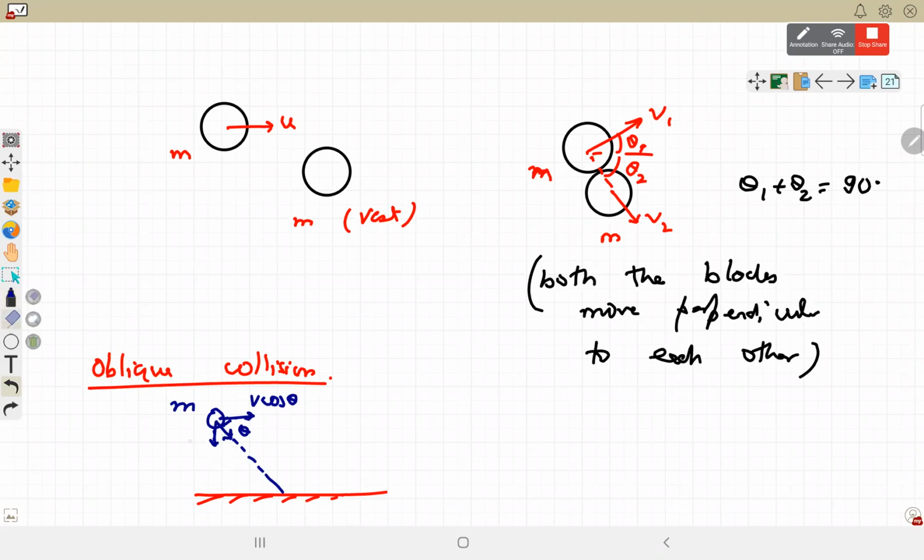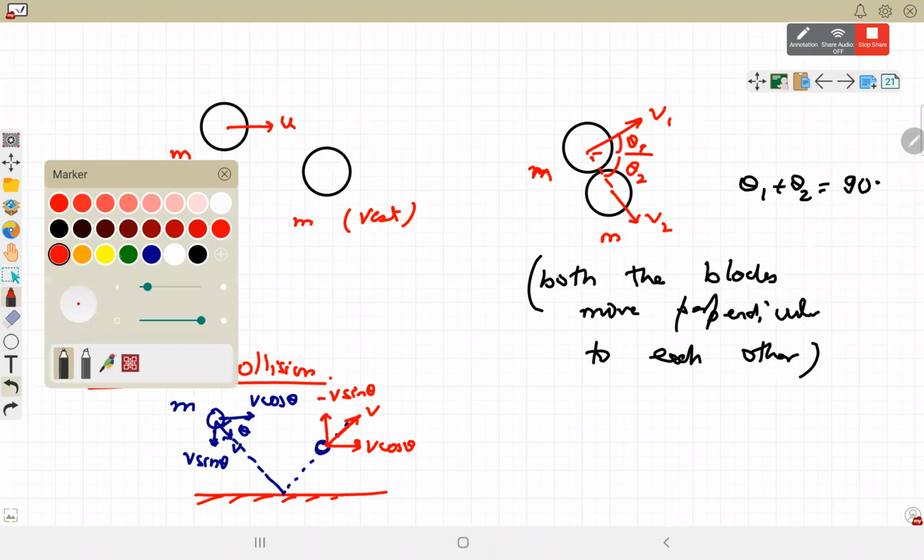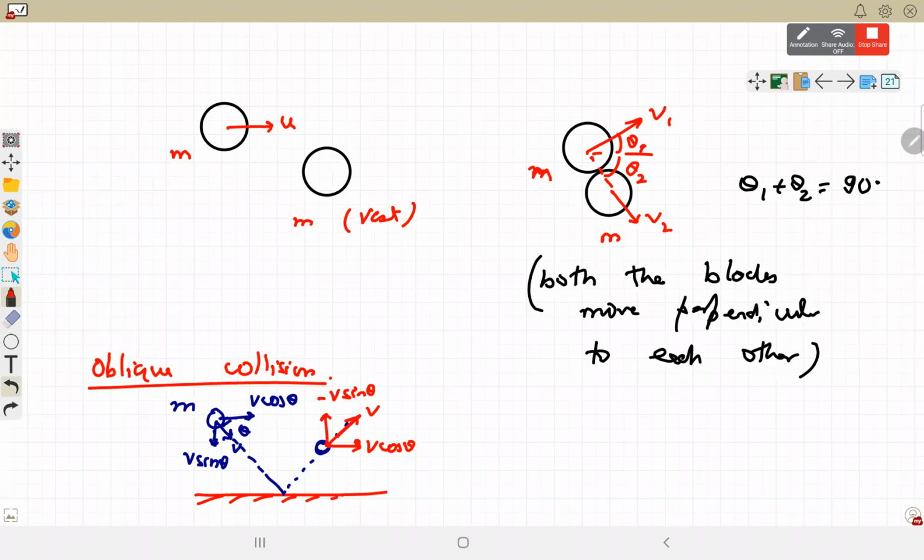V cos theta will remain same. If it is a perfectly elastic collision, then V sin theta becomes minus V sin theta.